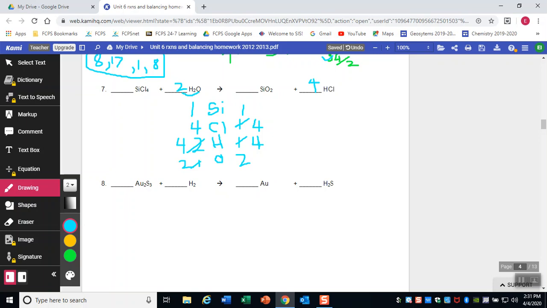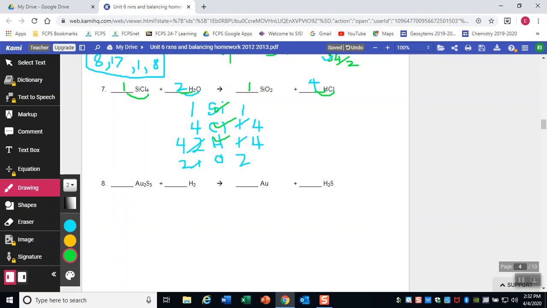And it's so nice when that happens, because now if I go back to check, right, I've got 1 silicon, check, right, 1 and 1. How many chlorines? 4 and 4, check. 4 hydrogens, and 4 hydrogens, check.